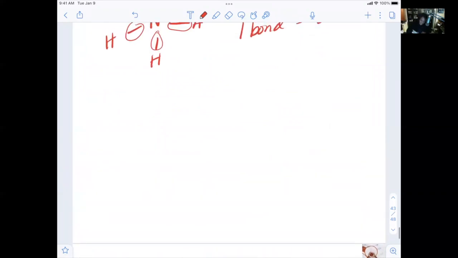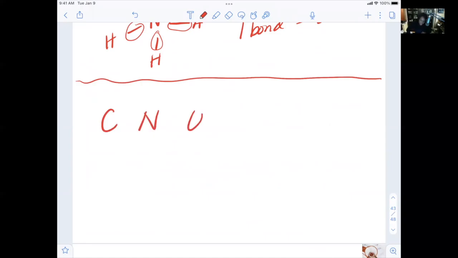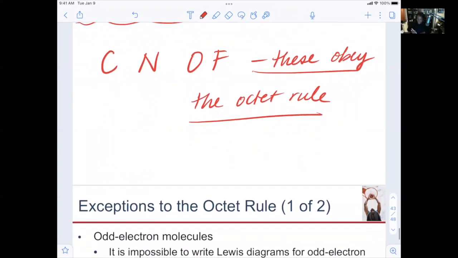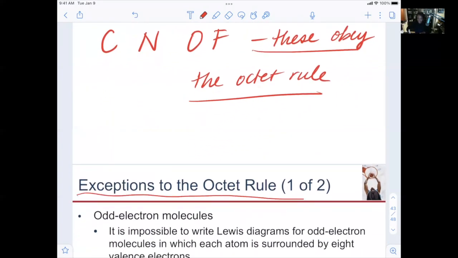Okay, so carbon, nitrogen, oxygen, and fluorine, these obey the octet rule. They tend to be known for obeying the octet rule. So we want to be aware of the elements that are known to try to not obey the octet rule. And these are called the elements that have an exception to the octet rule.